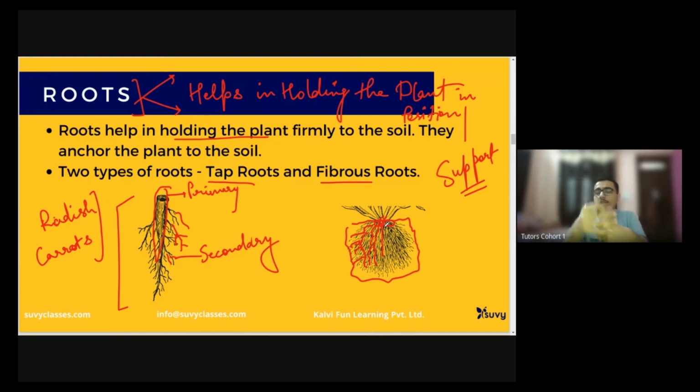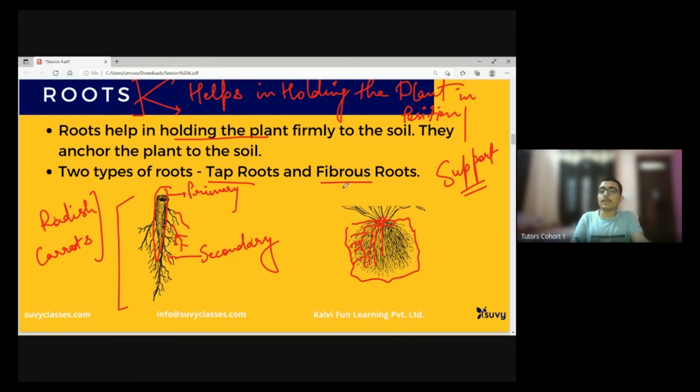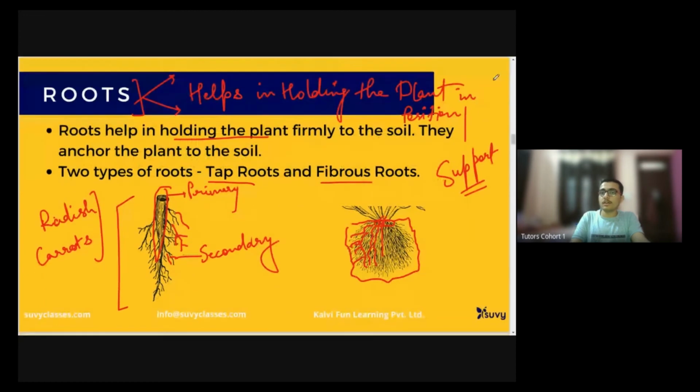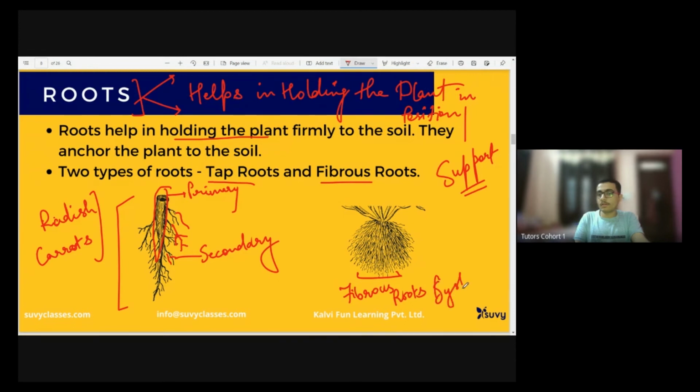It is majorly observed in the roots of an onion. You all might have seen onions. This is the fibrous root system, the roots of onions.